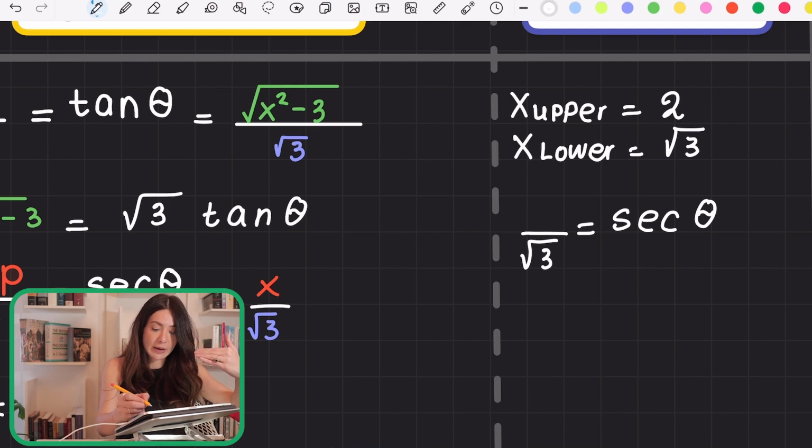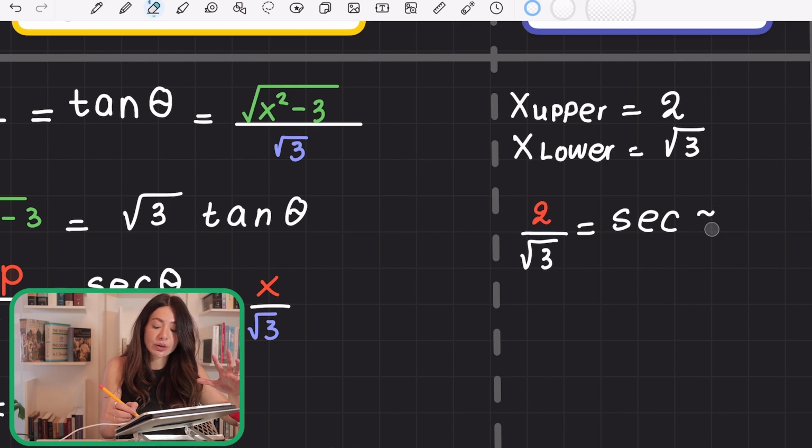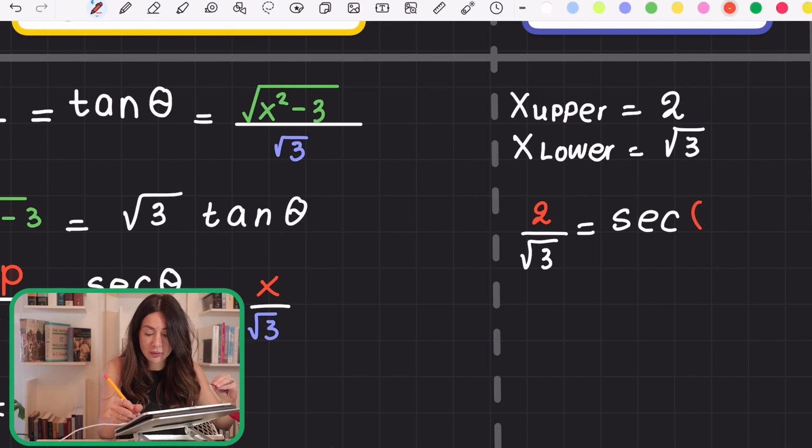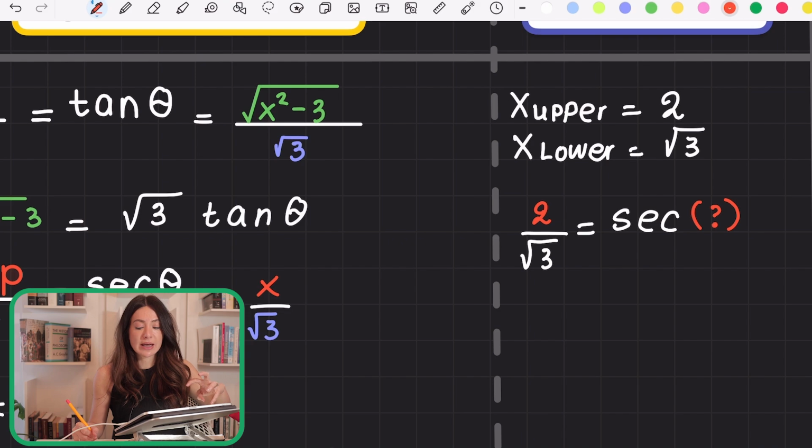Now to find the upper bound, you first put in the x upper bound, and you're going to find the theta upper bound. You ask a question that sounds like this: secant of what angle equals 2 over square root of 3? If you're not familiar with secants, remember, it's 1 over cosine. Cosine of some angle is square root of 3 over 2, flipped from what you have here.